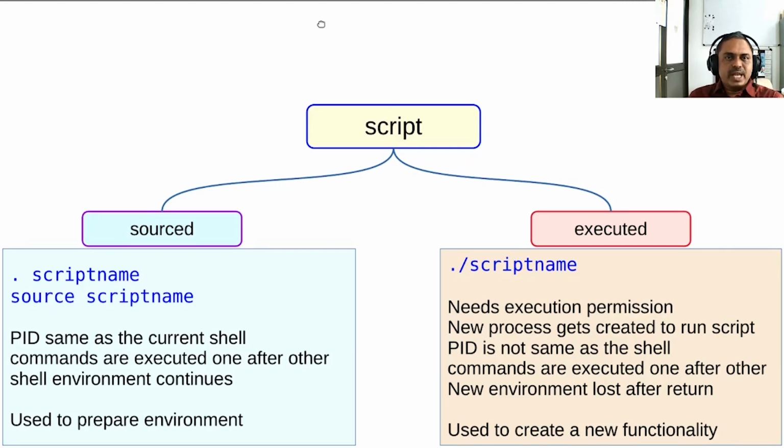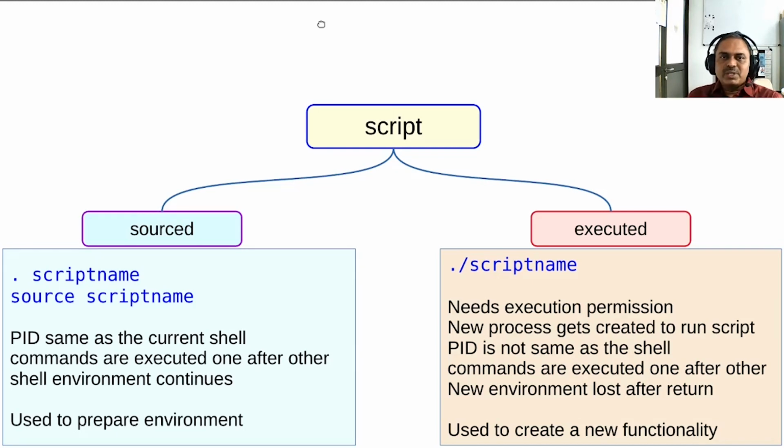Once the script has been completely sourced, the shell will continue with perhaps some shell variables added or modified. In other words, shell scripts which are supposed to be sourced are meant for the purpose of preparing an environment. Typically, when you use a commercial compiler, certain environment variables required for the compiler to work would be available in a script file, and you are supposed to source that script file.